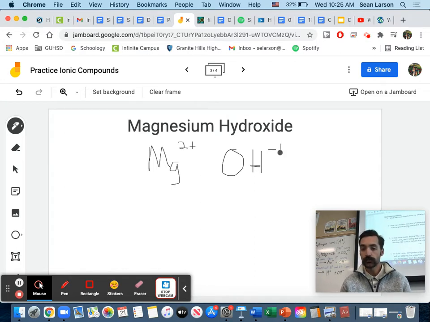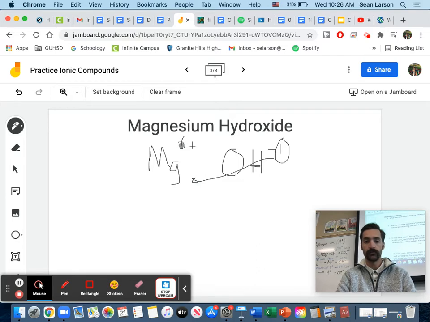Once again, we're going to use the crisscross method in order to figure out how many magnesiums and how many hydroxides are going to be found in this chemical compound. We're going to bring our 1 to our magnesium, and our 2 here over to our hydroxide.